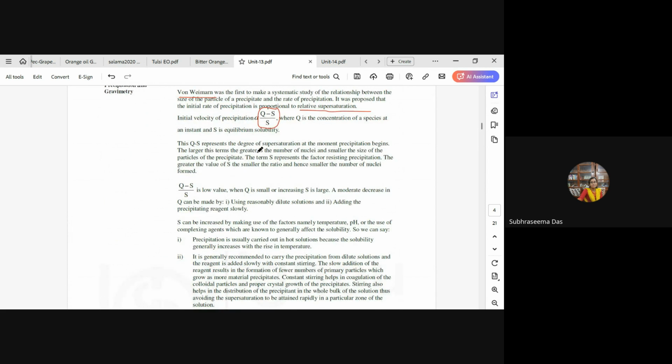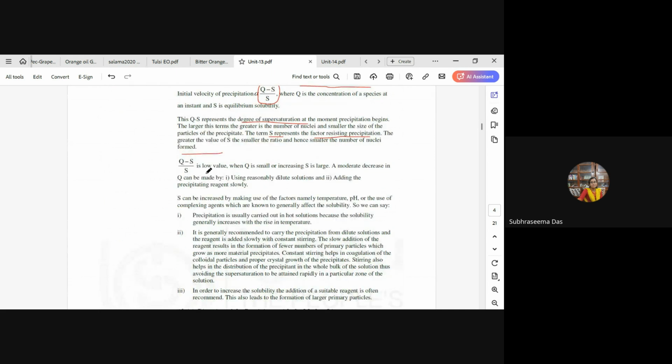Q minus S represents the degree of supersaturation at the moment precipitation begins. The larger this term, the greater is the number of nuclei and the smaller is the size of the particles. The term S represents the factor that opposes the precipitation. The greater the value of S, the smaller is the ratio, and hence a smaller number of nuclei is formed.